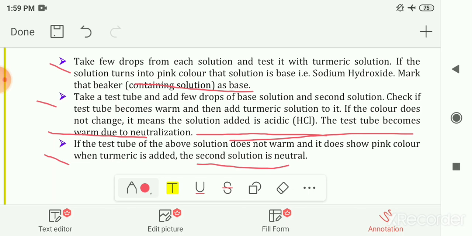As we are adding a neutral solution to the basic solution, the resultant solution is basic in nature, so after adding turmeric solution it turns pink, so we can say that the solution which we added is neutral in nature. So this is how we can identify the nature of three different solutions, whether acidic, basic or neutral, with the help of the natural indicator turmeric.